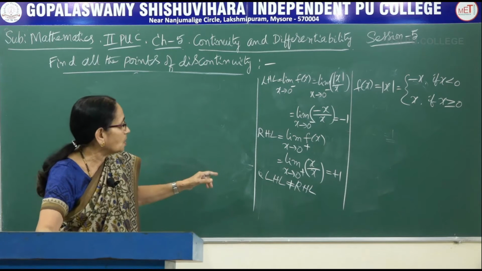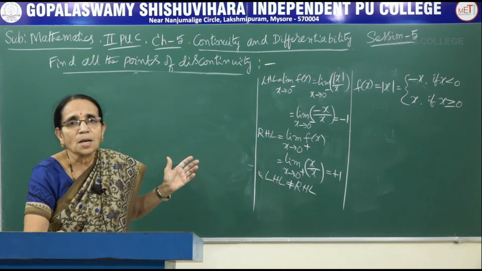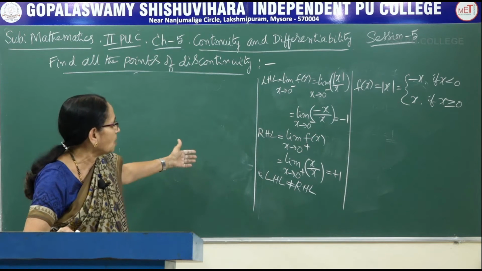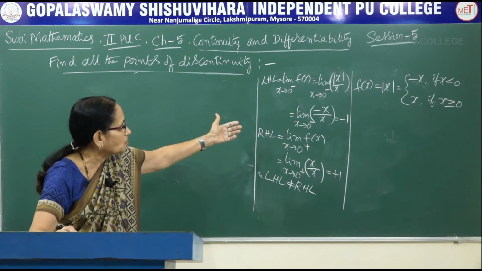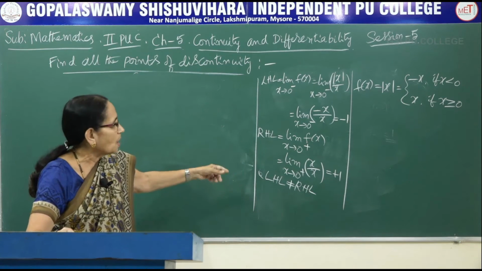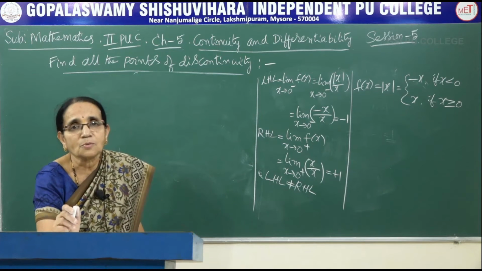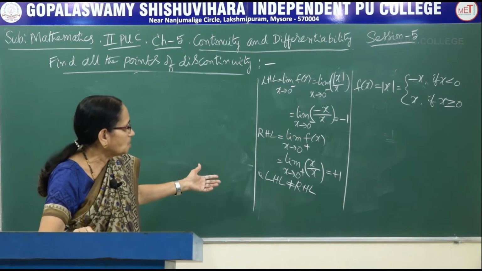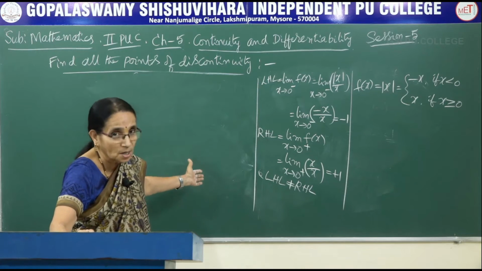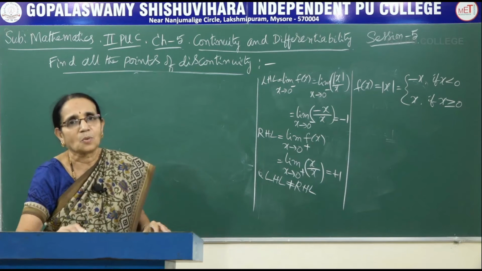So how do you write this one? At x equal to 0, we see that this is the only point of discontinuity. The value was 0 and the limit is not defined, that is minus 1, this is plus 1. So as in the previous problem, you have to write the next sentence, the limit of the function does not exist. So does not exist, and of course the function is defined as 0. Both the limits are there, but they are unequal.